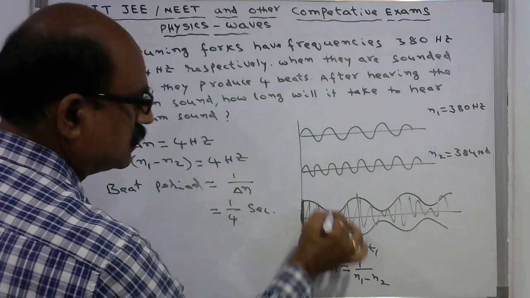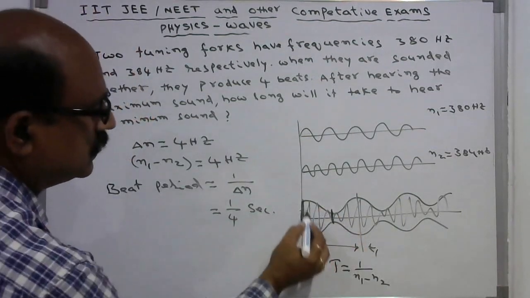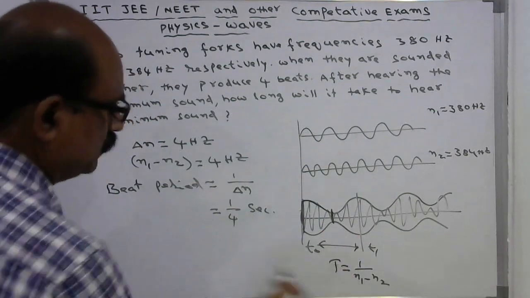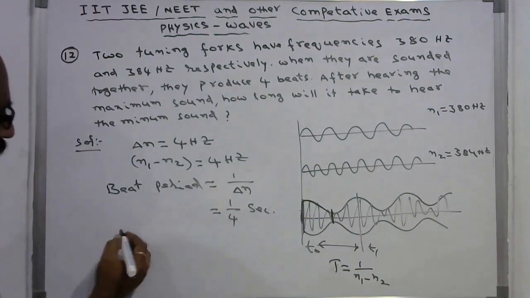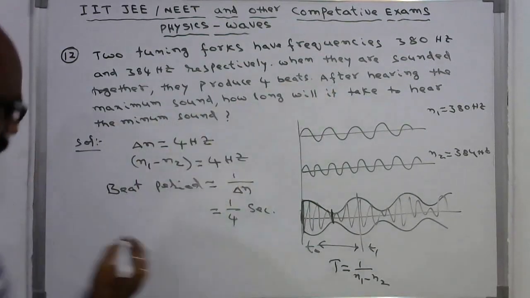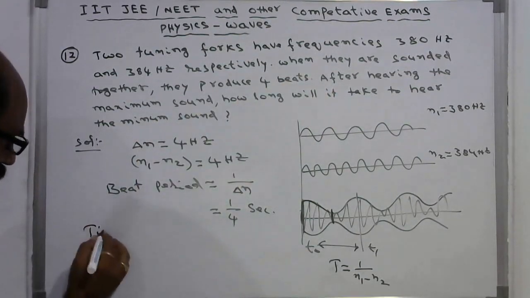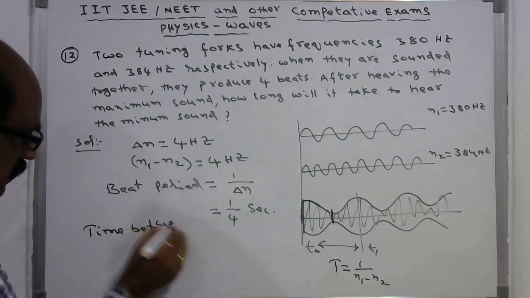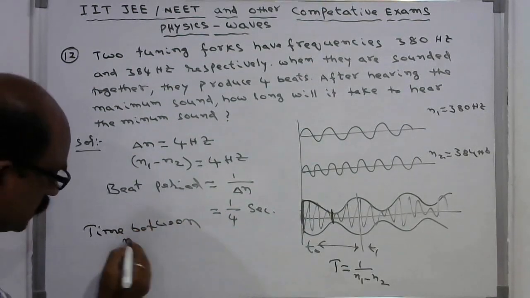This one is the minimum sound. So the maximum to minimum is T by 2. So we have to find the time between maximum and minimum.